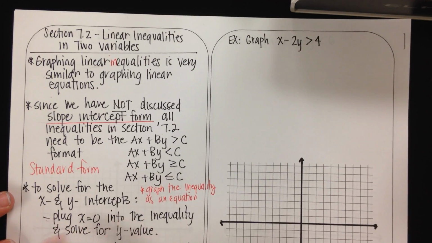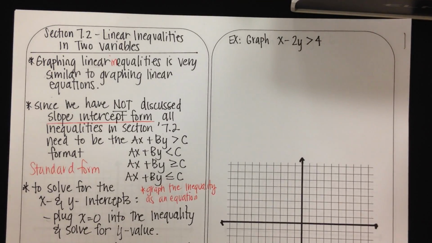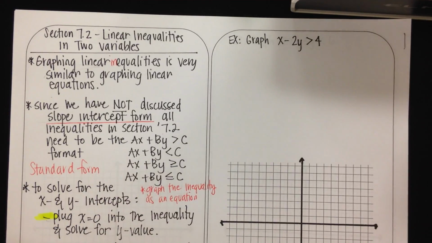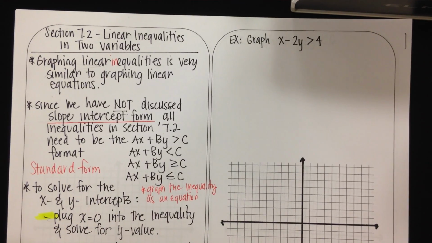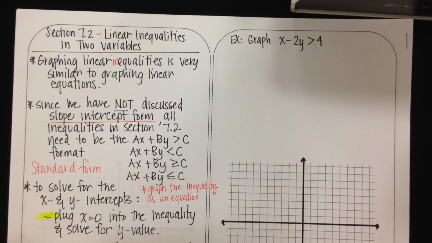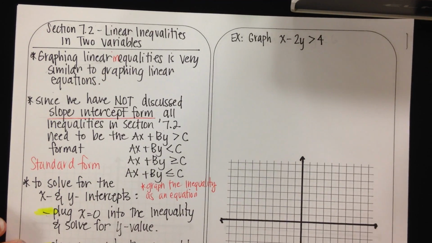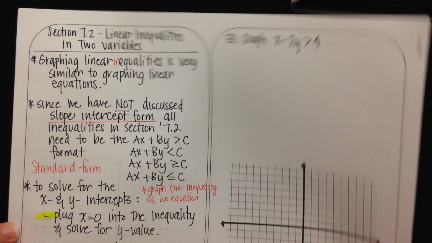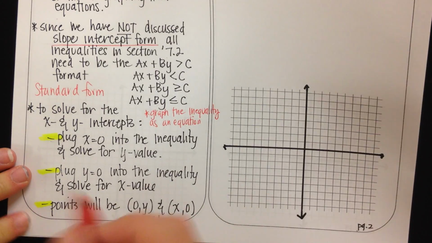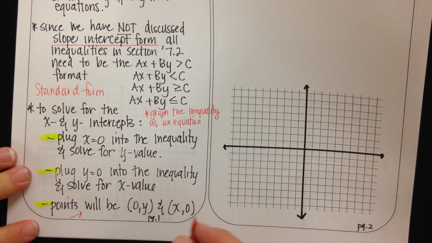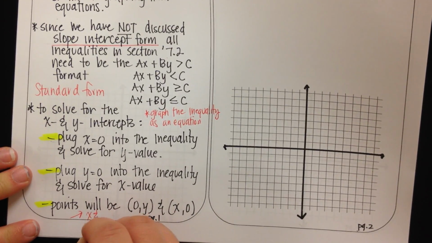Then to do your X and Y intercepts, plug X equals 0 in to get the Y value. So that's one type of work. Plug Y equals 0 into the inequality and solve. And then you'll have 2 points. These are called your X and Y intercepts. So nothing's really changed from 7.1. We're doing the exact same thing.